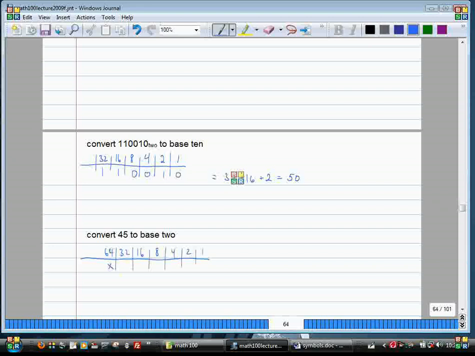So now what? Yep. So 45 divided by 32 equals 1, and then what else do we need? Remainder is 13. Okay. So straight off we have 1 thirty-two.